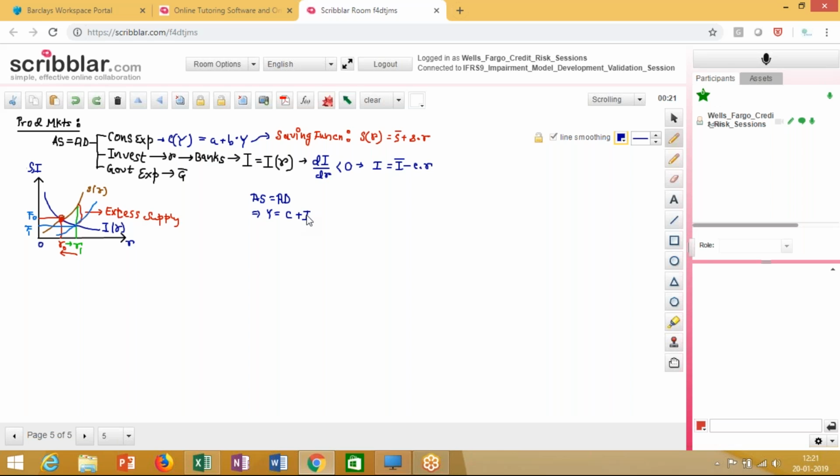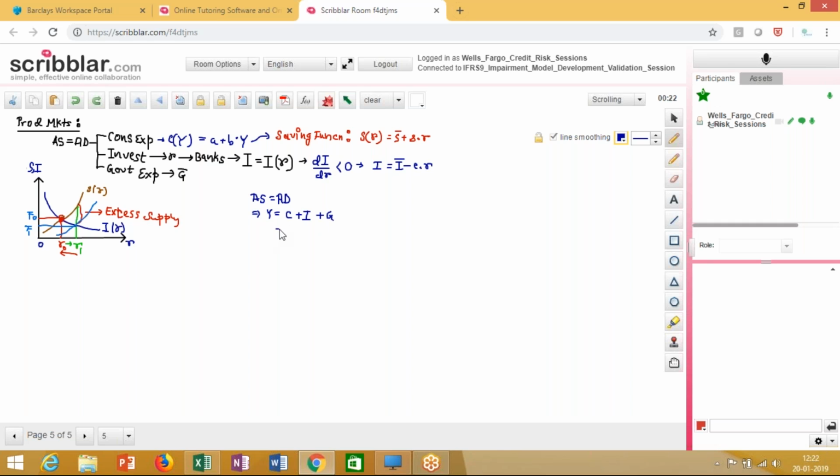They borrow loans and invest. Part of this income is kept in banks as savings, and from those funds the investment expenditures are financed. And another part of it is the government expenditure, where we have the G.